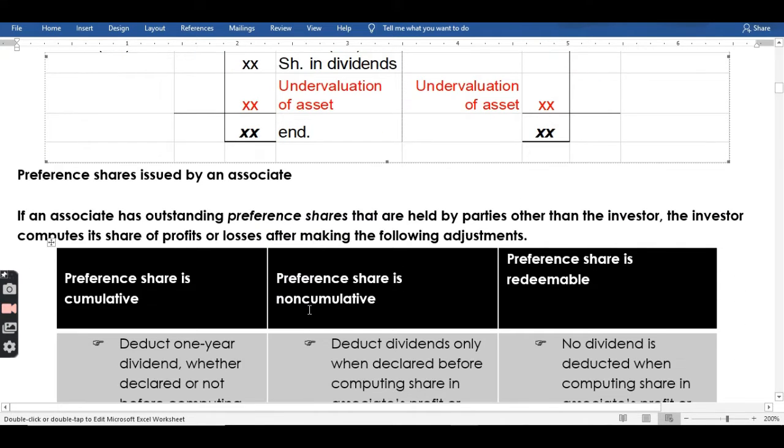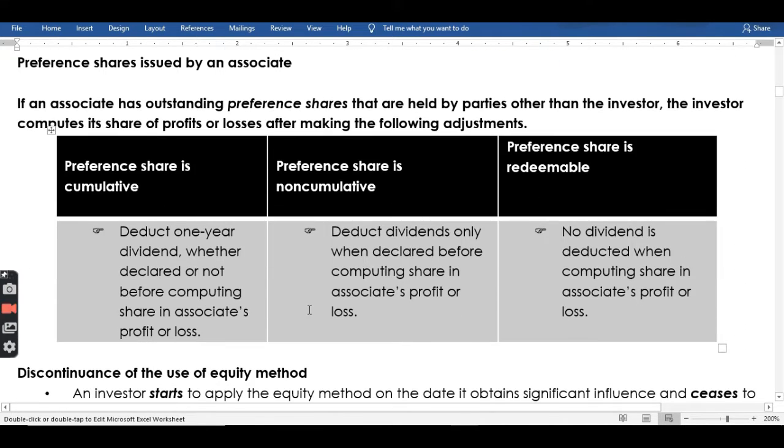Okay. So we go now to preference shares. Okay, kapag meron preference shares yung ating associate, okay? So basically, this concept is going to affect the computation of your income or your share in your income, okay? So later on, if your associate presents already or already provided you with the net income, okay?